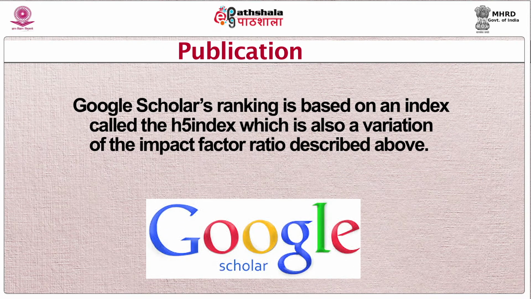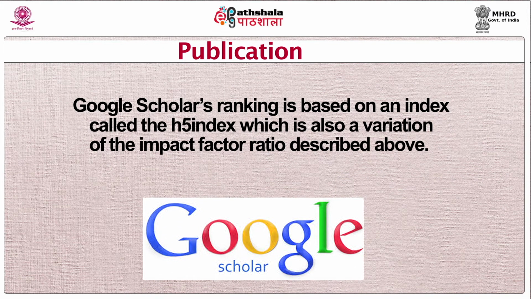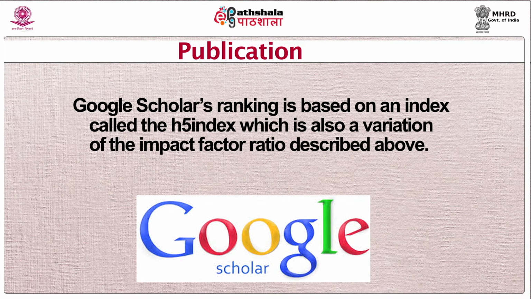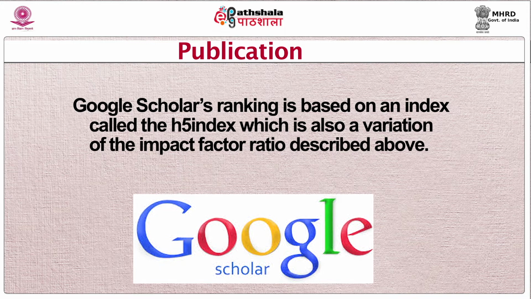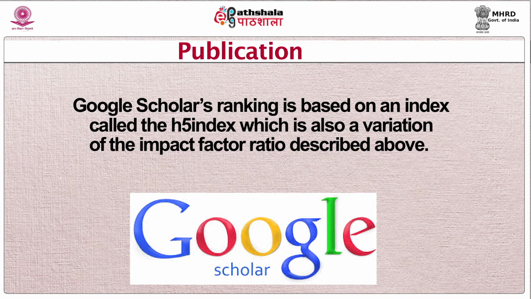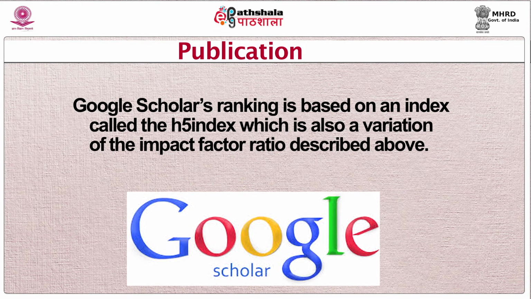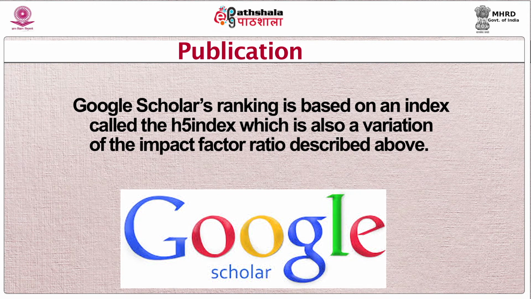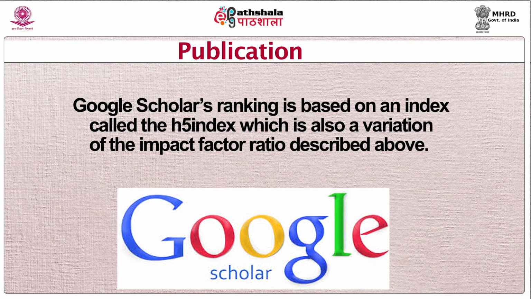Various organizations like Google Scholar and Scopus publish rankings of these journals. Google Scholar's ranking is based on an index called the H5 index, which is also a variation of the impact factor ratio described above.